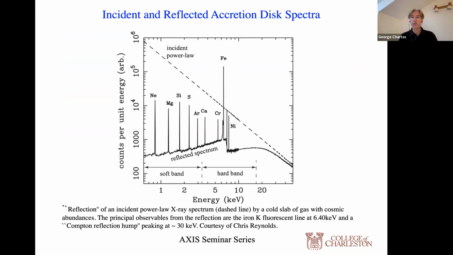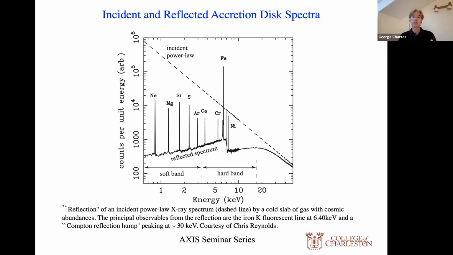Well, let's start off with a simulation that actually was done some time ago by Chris Reynolds. If you just illuminate a cold slab with an X-ray power law, you get this reflection spectrum that's shown here in the solid line, and you see a lot of these fluorescent lines with the dominant one being the iron line.